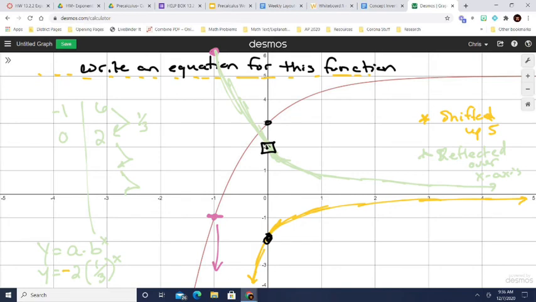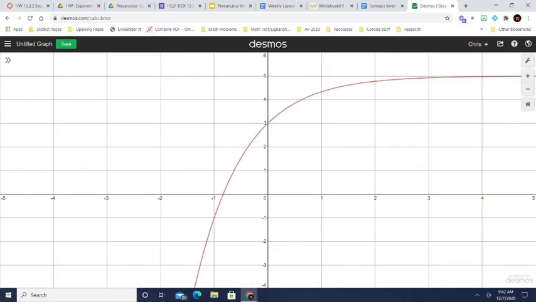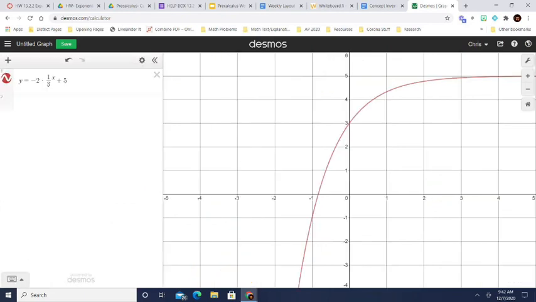So let's go ahead and do that. And this is the function that we actually should have. This is one way I can think about it. And if I show you the function that I had graphed there, it is: negative 2 times 1/3 to the x plus 5.